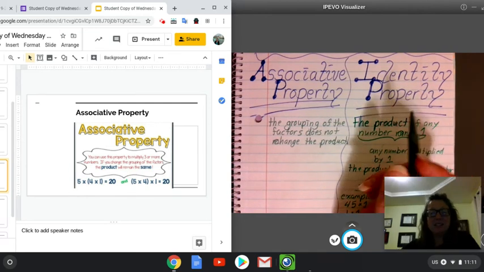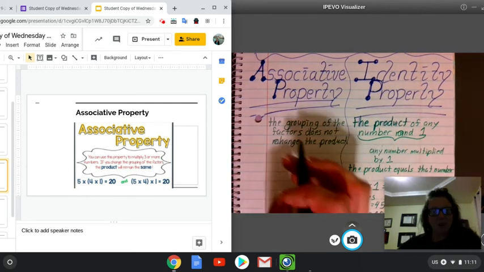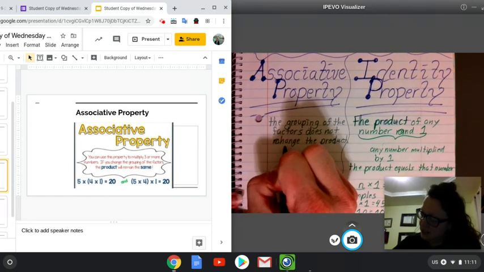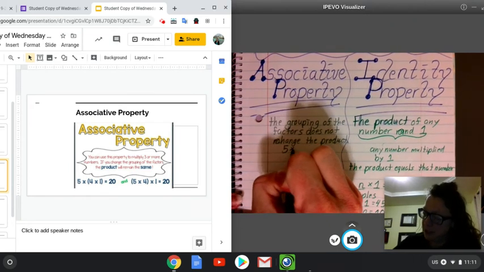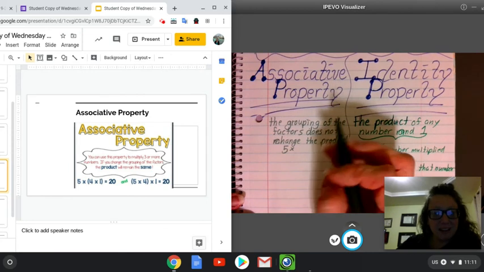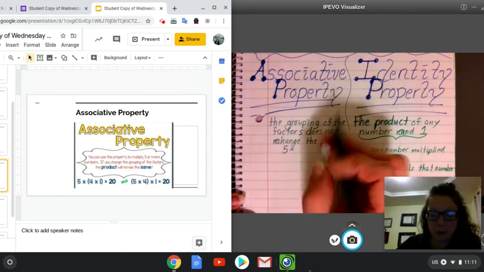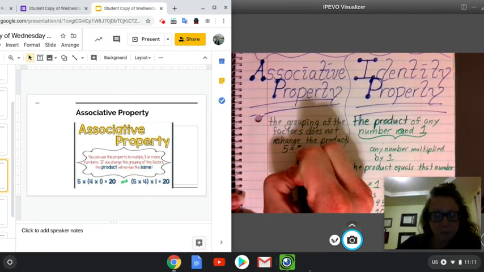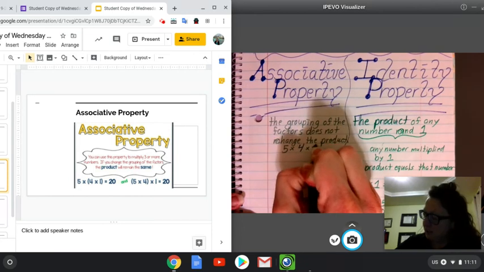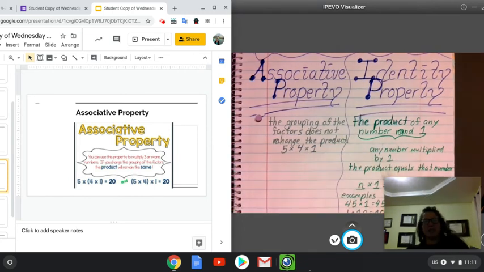Okay, so let's look here. If we're looking at 3 numbers, because that's what it says, that if we're multiplying 3 or more numbers, so here in our example, we're given 3 numbers.